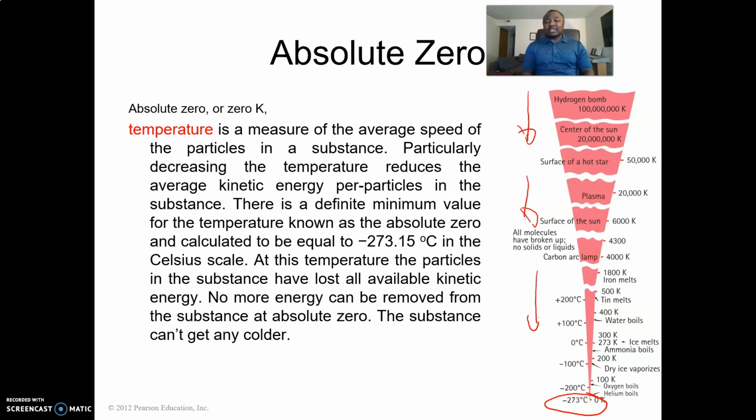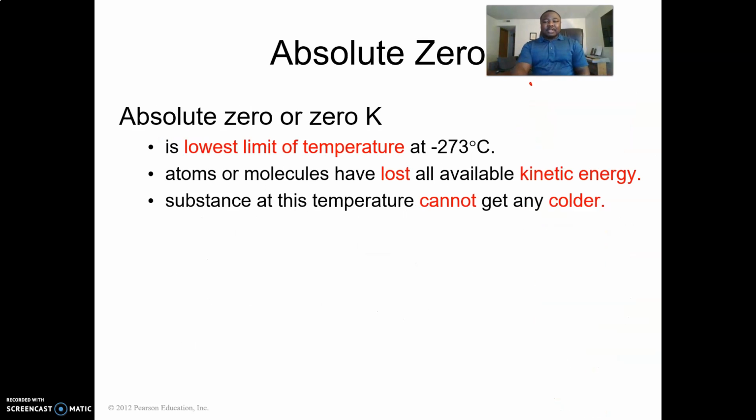That's absolute zero, where there is no kinetic energy. The particles are not able to move, and it's not possible for the particles to get any colder. In fact, that's the coldest point at which a particle can be.